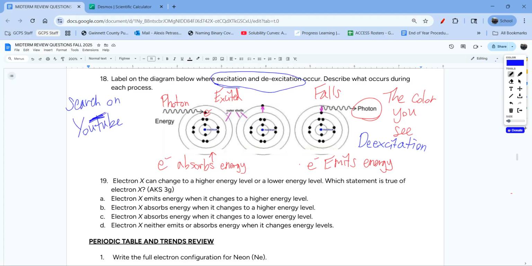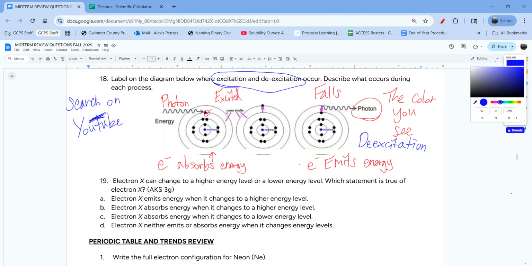All right, 19. Electron X can change to a higher energy level or a lower energy level. Which statement is true of electron X?